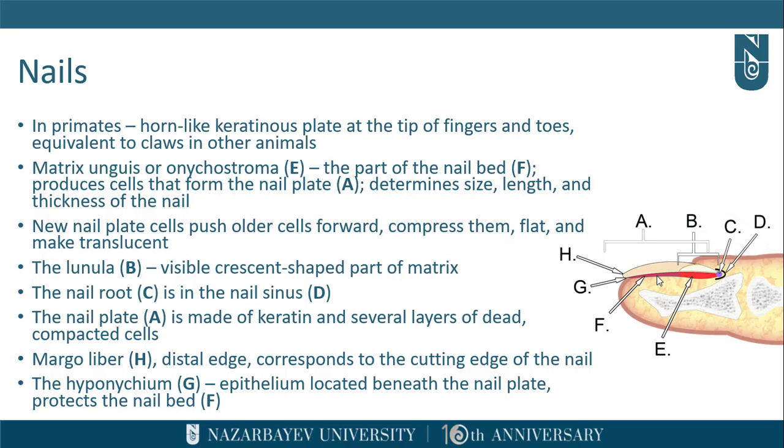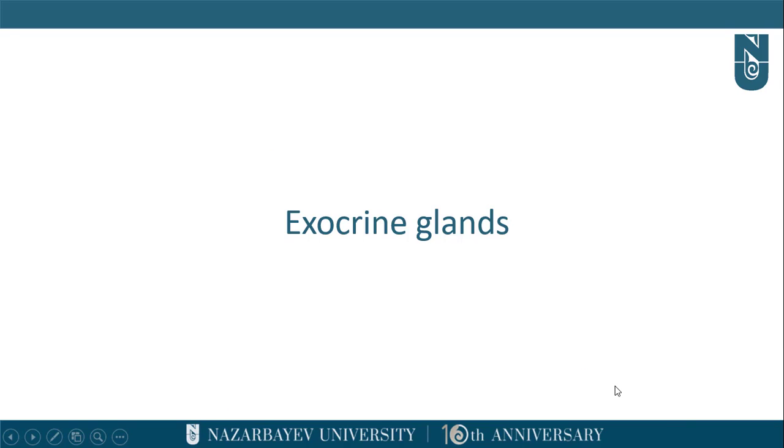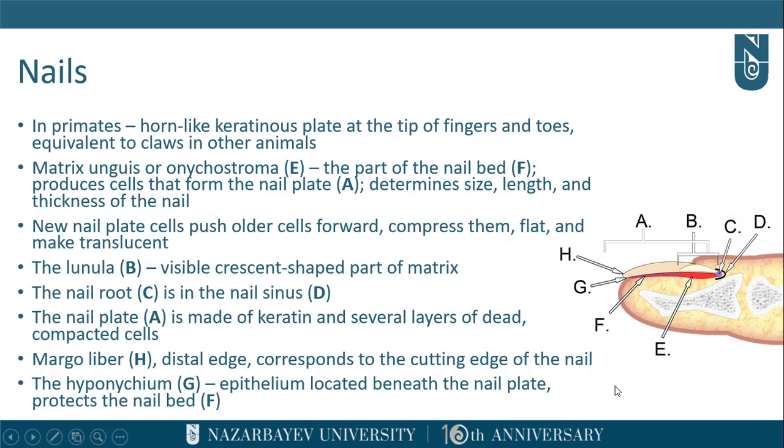It produces cells that form the nail plate, which is here, the nail plate that you have. The nail body forms at the nail root that has a matrix of proliferating cells, and that's why we always have a continual growth of nails due to the nail body.